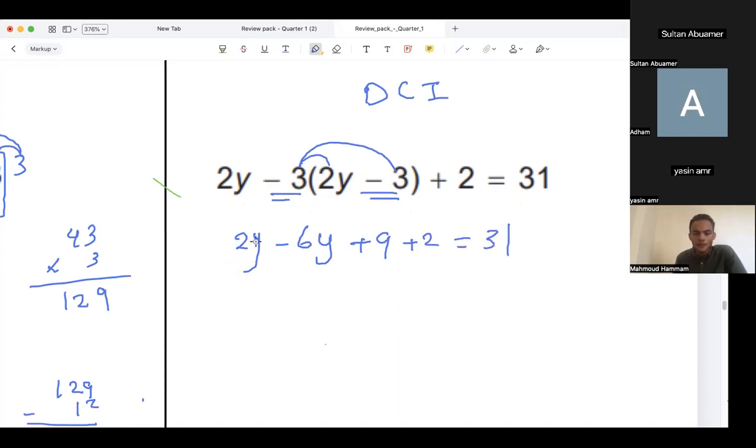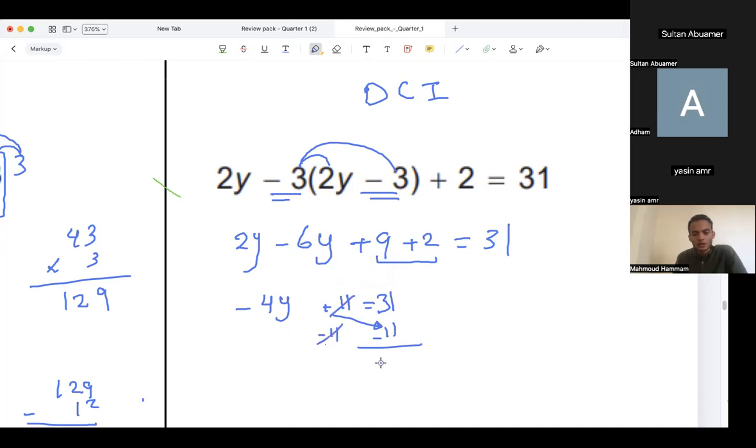Right. We can add the 2y minus 6y, which is negative 4y. Plus 9 and plus 2, we can add 9 plus 2 equals 11. Excellent, equals 31. This 11 will move to the right, negative 11, so 31 minus 11 equals 20.